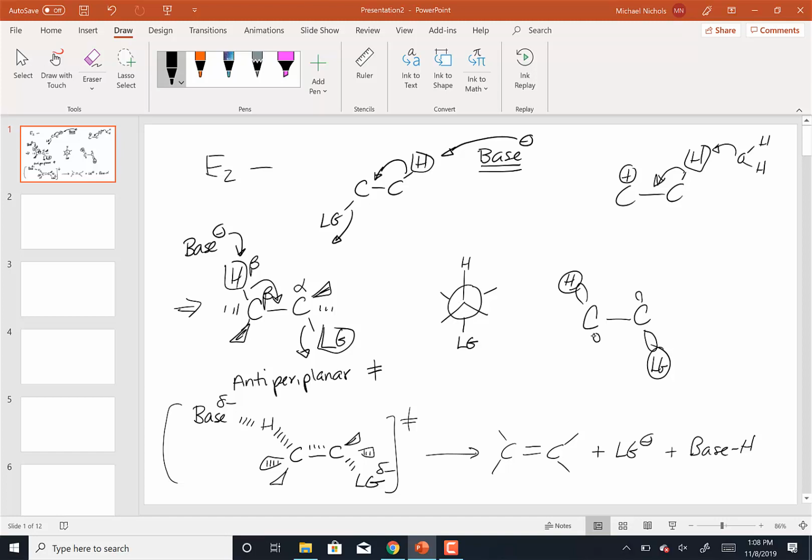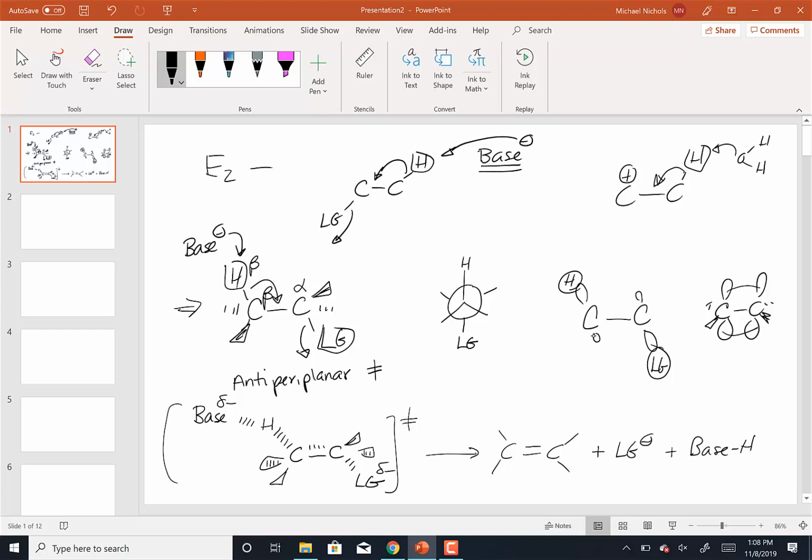Okay. And so if you can imagine the base coming in and taking the hydrogen off and where the molecule needs to be, here's where it starts, and then here's where it ends. So it ends with a pi bond.